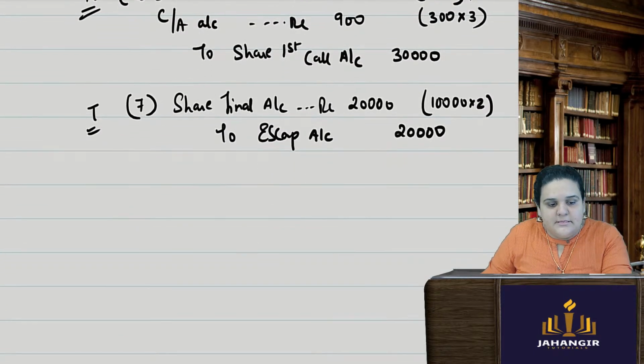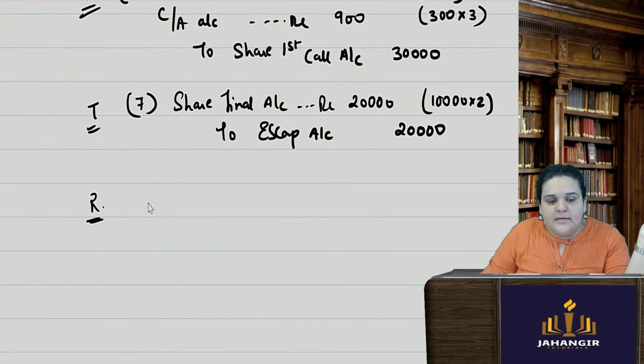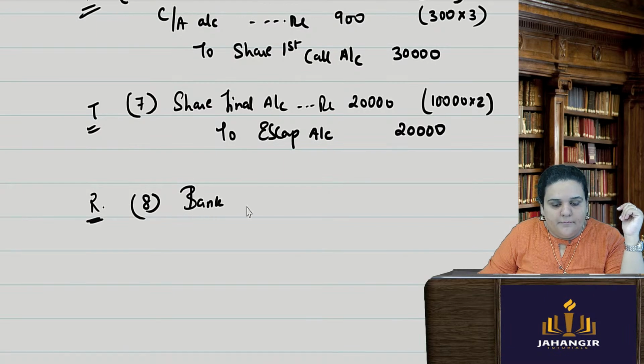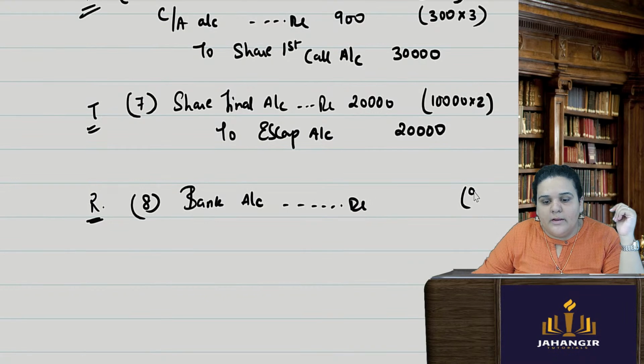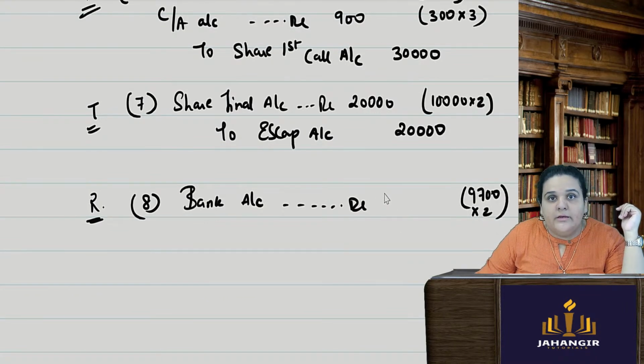But Mr. Vikas did not pay me. So at the time of receipt, I'll come to know that he again did not pay me. So bank account debit, I'm going to get money only on 9,700 shares. Okay, into 2, 19,400.